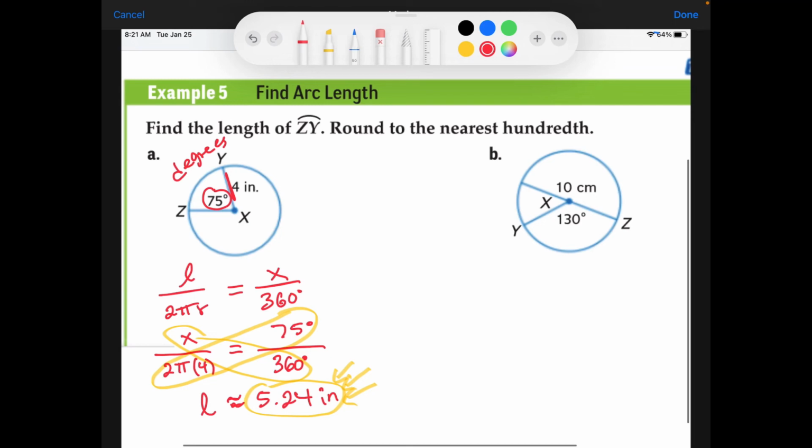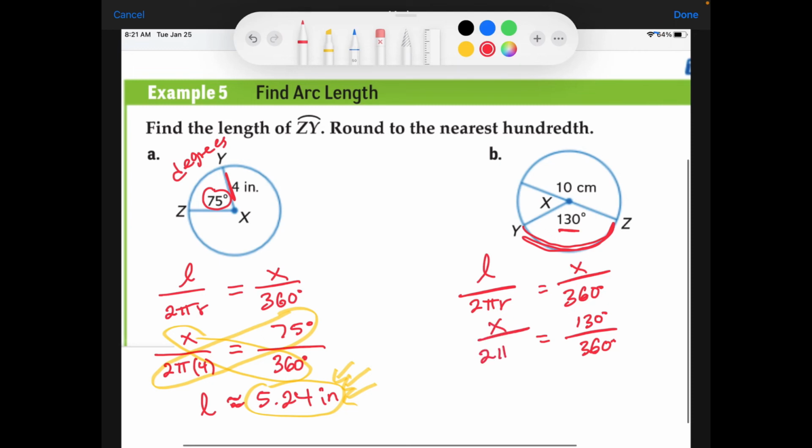Let's do one more here. The formula once again is part over the whole circumference is equal to part of the degrees over the entire degrees. You know we're dealing with degrees because the angle given is in degree mode. Let's replace what we know here. Part of the degrees would be 130 over 360.